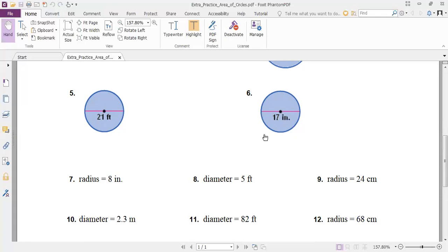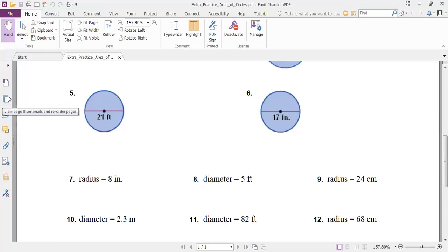So 3.14 times 8.5 power 2, or 8.5 times 8.5. It equals what? If I multiply 3.14 times 8.5 power 2. Put 3.14 firstly, Muhammad, so you don't forget that.